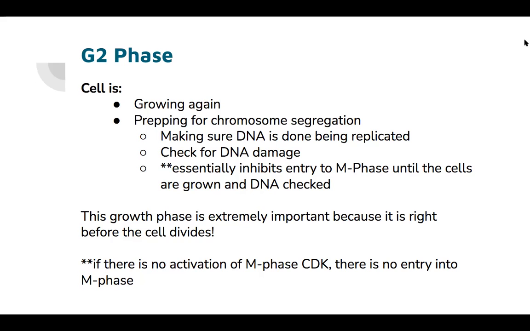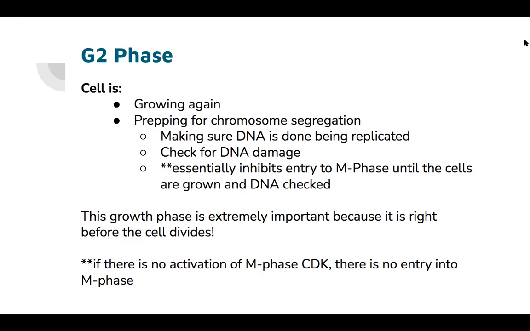So pretty much, this is where we have our activation of M phase CDKs. And there's another point of confusion for a lot of people. Even though it's the G2 phase, it is the M cyclin that's activated. And without that, the cell can't go into M phase.